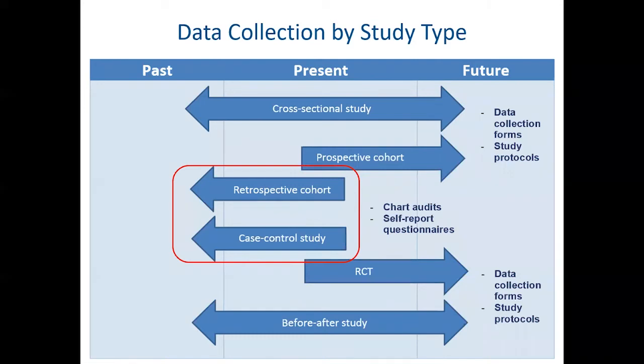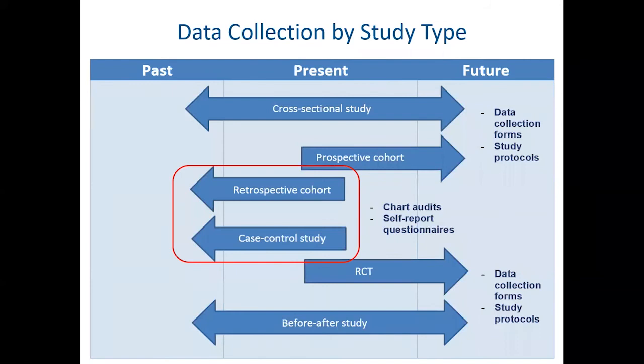Case control studies are always done retrospectively, and data is gathered from medical records and extracted from physician notes. The key difference between retrospective cohorts and case control studies is that for case control studies, the investigator splits individuals by disease status, so that outcome, whereas in retrospective cohorts, investigators split study individuals by their exposure status.